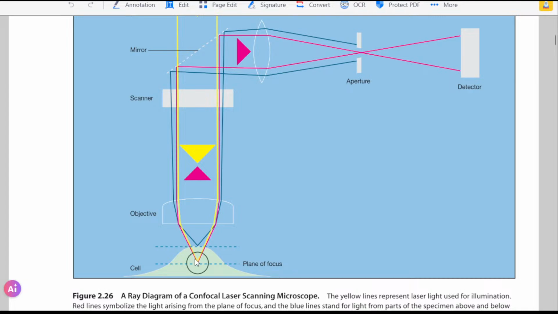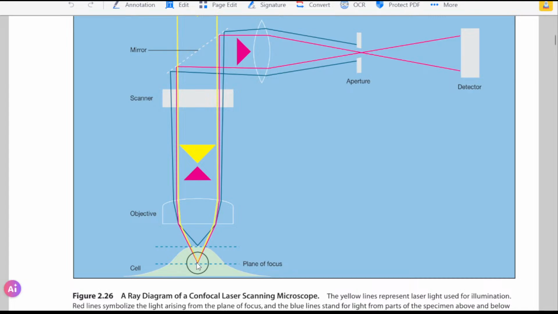One is the light that comes from the plane of focus, only one plane, either X, Y, or Z. The rays above the plane and below the plane are not the rays that we want. So if the rays come directly to the plane of focus and reflect from that, we consider that okay, we want that light.